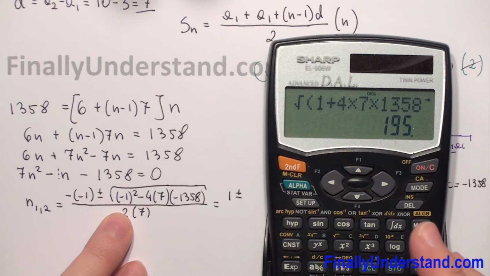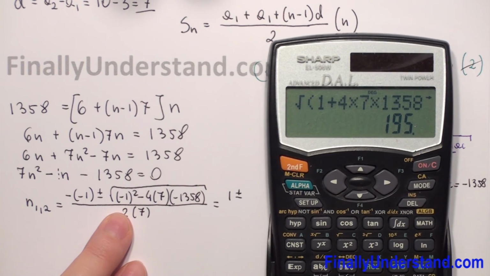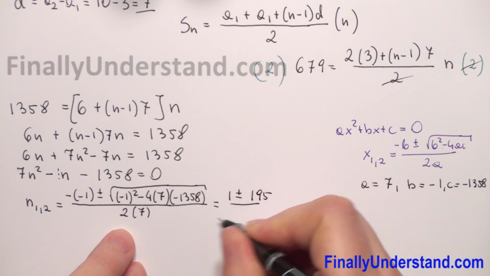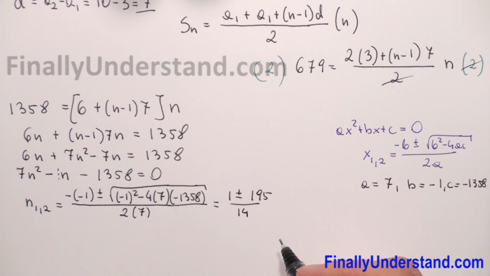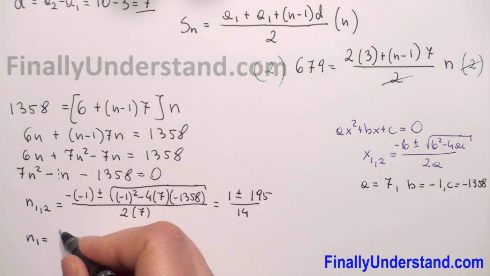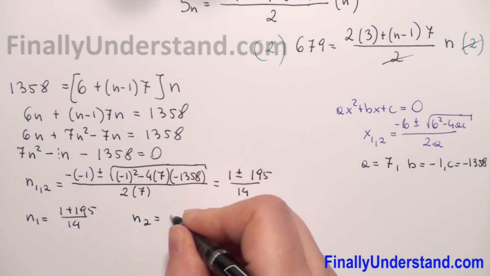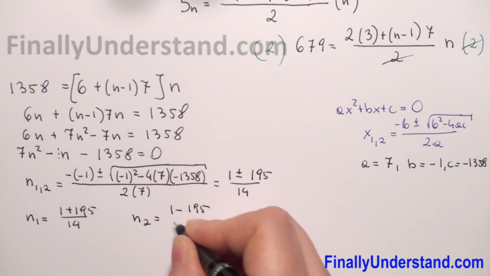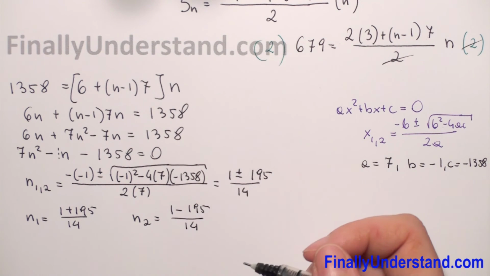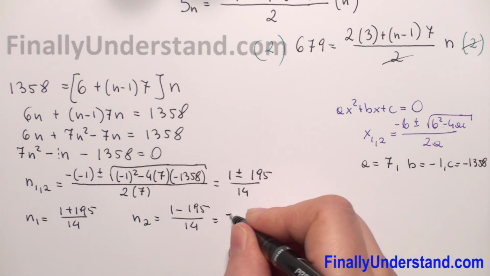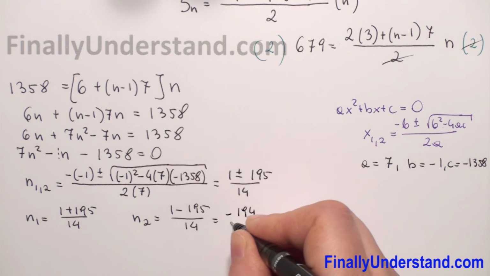This is equal to 195, over 2 times 7 is 14. So we have two solutions: n1 is equal to 1 plus 195 over 14, and n2 is equal to 1 minus 195 over 14. So 1 minus 195 will be negative 194 over 14.